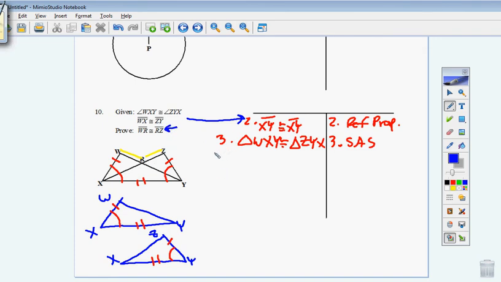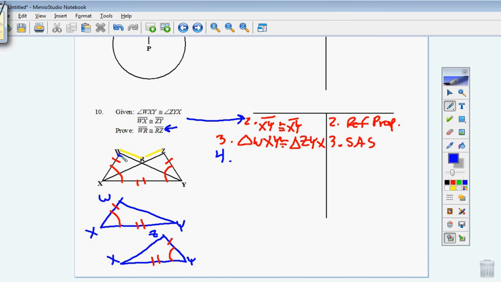So that's the thought process going through my mind right now. We've just proven the overlapping triangles congruent, so now we want to think, why did we do that? Well, what is an angle that's a part of our overlapping triangles that's also a part of the two smaller triangles that we want to prove congruent?